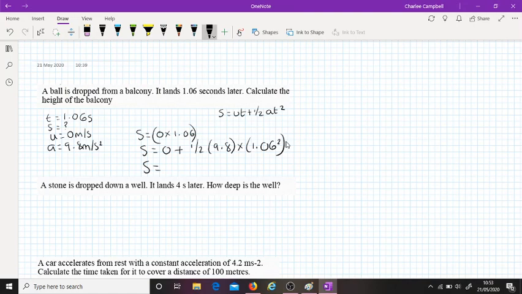Half of 9.8 is 4.9, and 1.06 squared is 1.12.